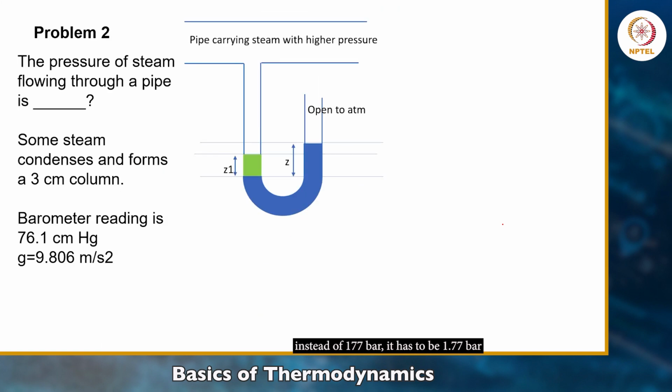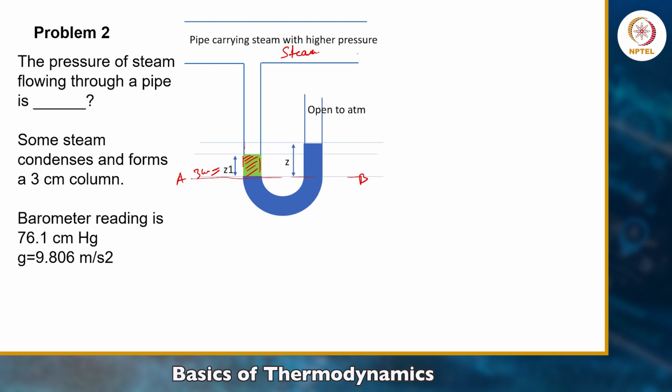Okay. So there is a similar, again another problem, just a little bit of complexity I created. Here it is carrying steam, and steam is getting condensed and getting deposited here. So z1 is actually 3 centimeter I have given. Now A, B is my baseline. So what is the left hand pressure? What is the right hand pressure? You have to equate.